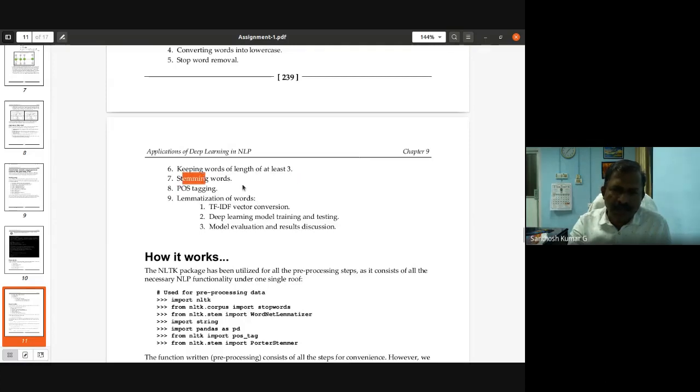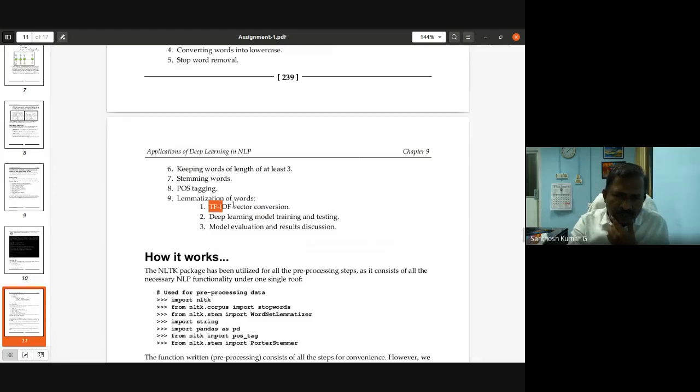Then stemming words, basically removing the -ing or any prefix or suffix from a word. So basically it's called stemming. Then POS tagging, parts of speech tagging. Then lemmatization of words. So basically you can use TF-IDF for vector conversion, right?